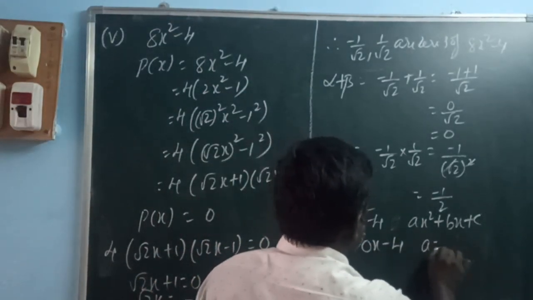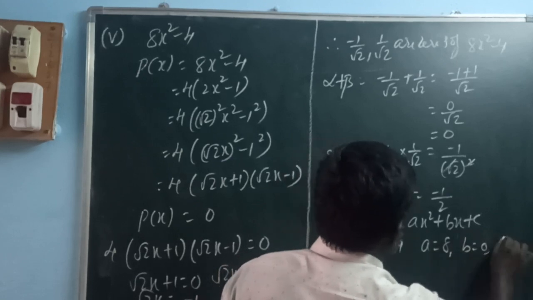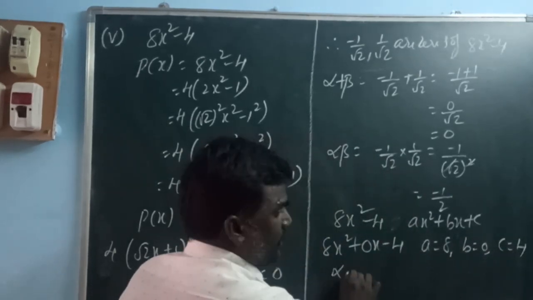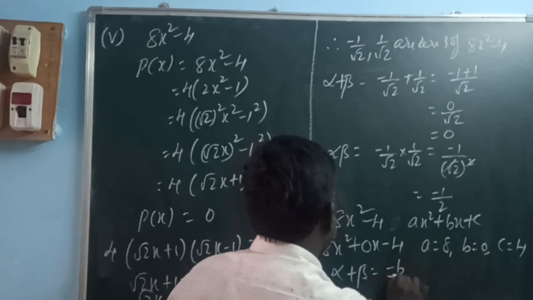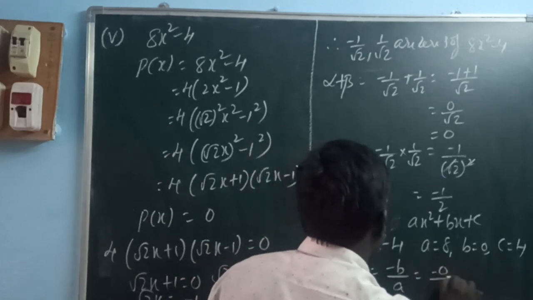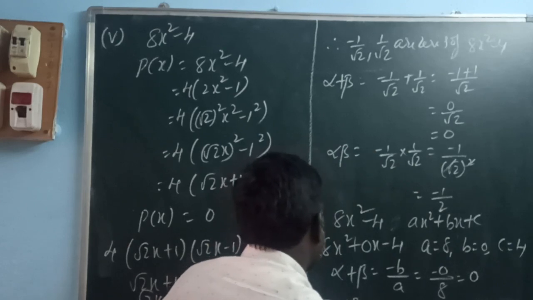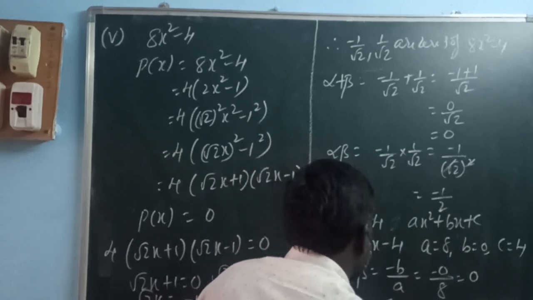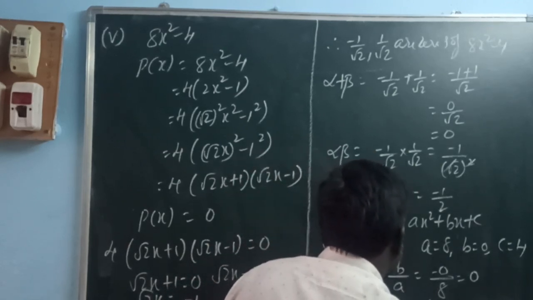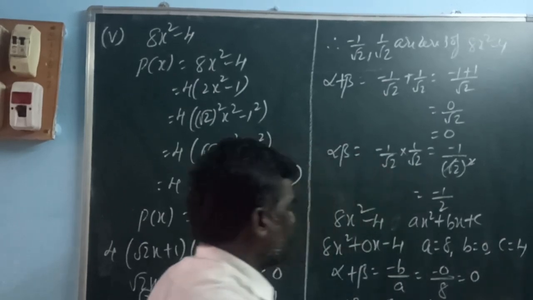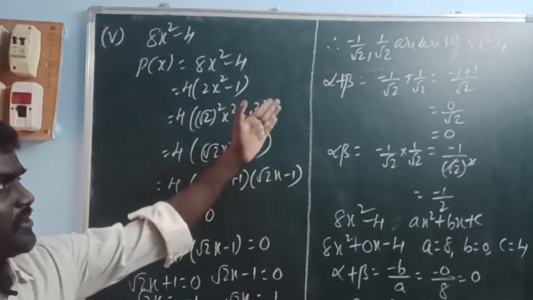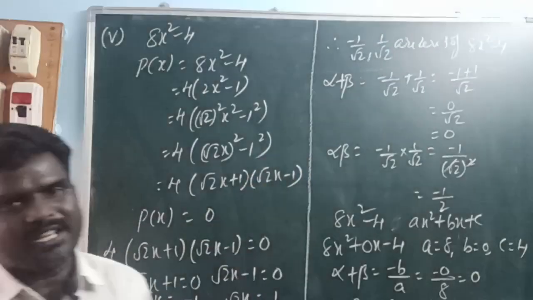When you compare, a is equal to 8, b is equal to 0, c is equal to minus 4. So alpha plus beta is minus b by a, that is minus 0 by 8, 0 by anything is 0. Next, alpha into beta is c by a, that is minus 4 by 8. So 4 ones, 4 twos, that is minus 1 by 2. So this is the relation between zeros and coefficients of a quadratic polynomial.